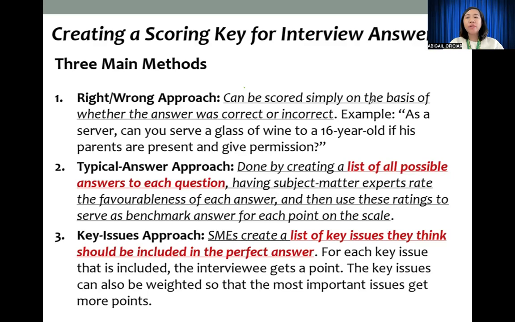It can be scored simply on the basis of whether the answer was correct or incorrect. Example, as a server, can you serve a glass of wine to a 16-year-old if his parents are present and gave permission? Yes or no lang ang sagot dyan. So we can say if it's right or wrong. So that's an example of the way we score the question.